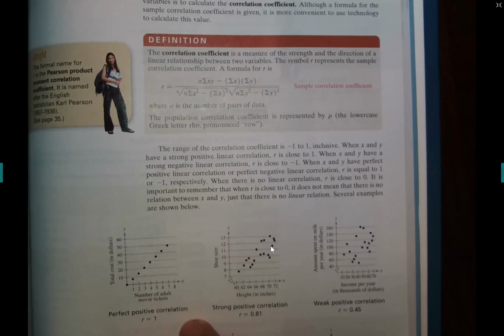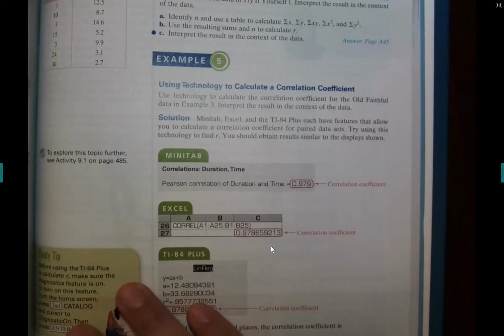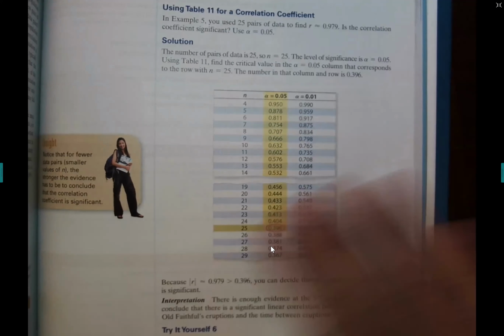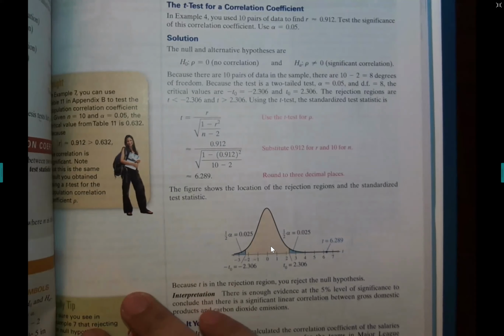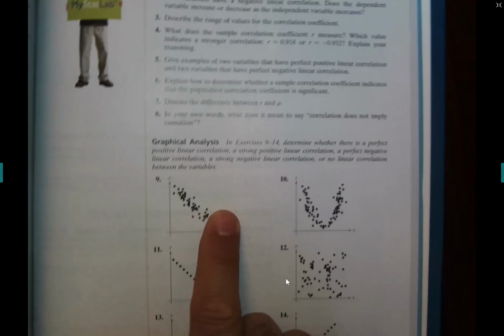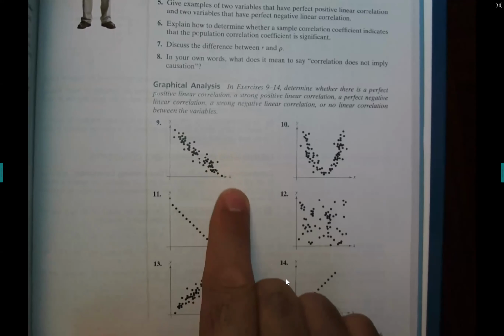One more thing, and we will be done. Section 9.1. All right. This one, it says comment on the relationship.